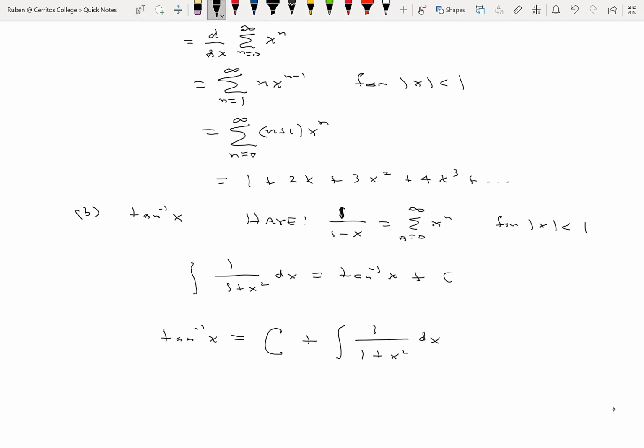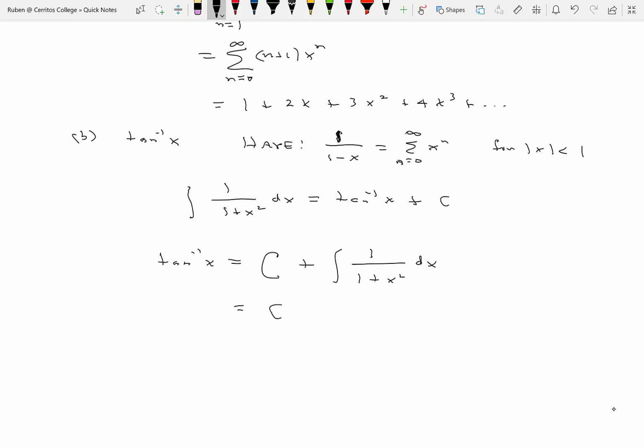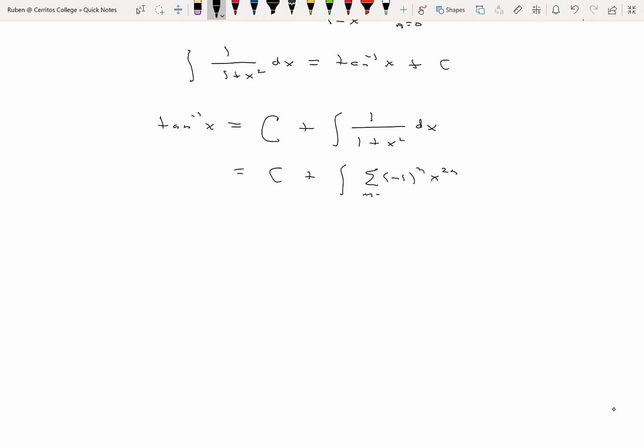So I'm going to replace, underneath the integral sign, the sum, negative 1 to the n, x to the 2n, n ranges from 0 to infinity, and I'm going to integrate that with respect to x.